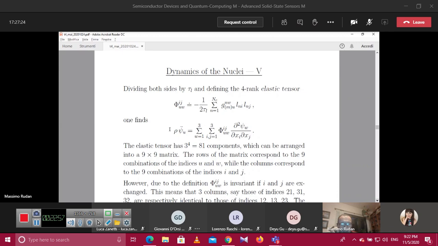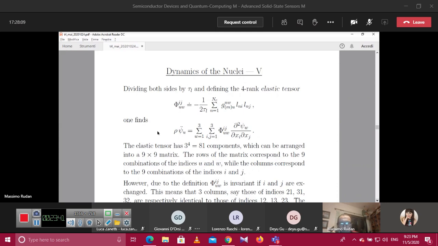This form is still very complicated because the elastic tensor has 4 indices that independently vary from 1 to 3, so there are 81 components of the elastic tensor, so it is a rather heavy object to deal with. But you should not be worried about this, because we can see immediately by some reasoning that this elastic tensor can be greatly simplified.